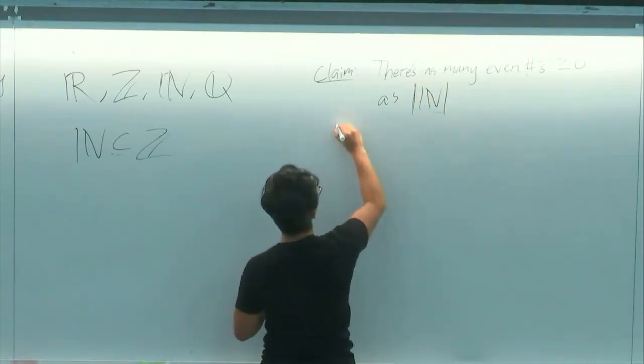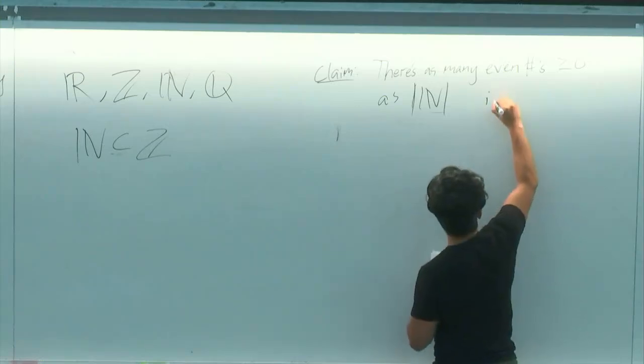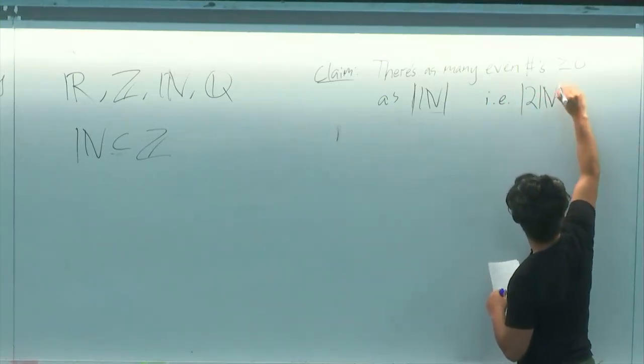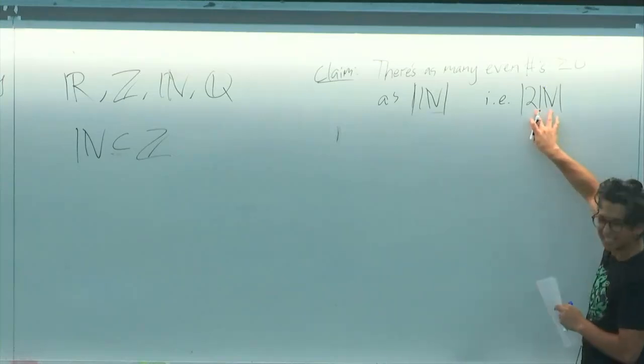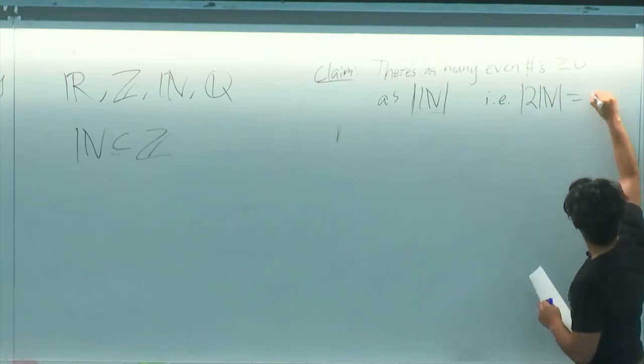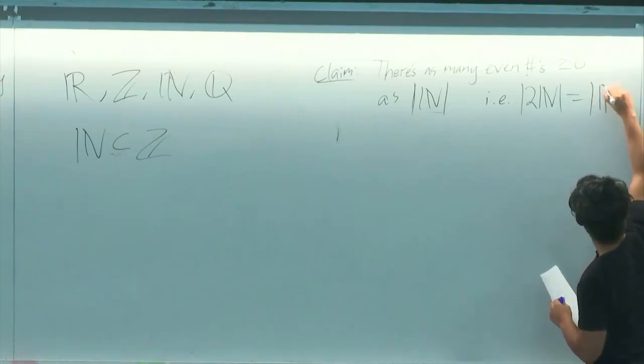One way to say that is that 2 times n, this is the even numbers, this is n times 2. So this is the set of all even positive numbers, is equal to the size of n.